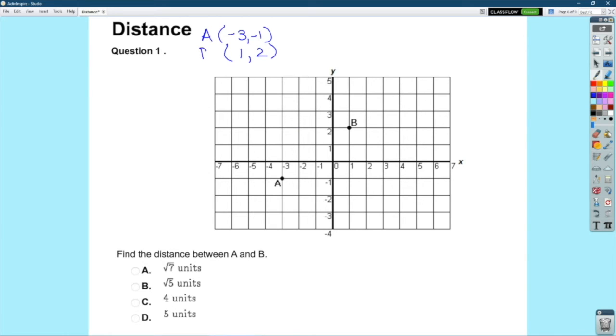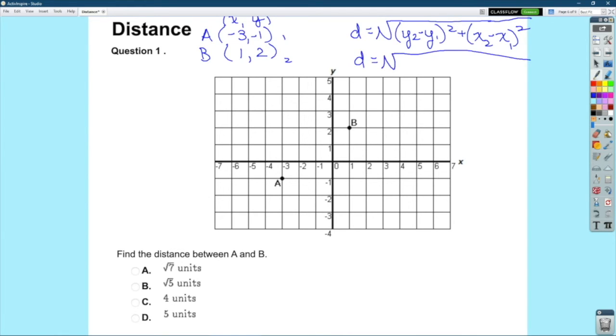If we make this x and y, and I'm going to make this my second one and this my first one, I'm going to use the distance formula, which says distance equals the square root of the second y minus the first y squared plus the second x minus the first x squared. So distance equals the square root of 2 minus -1 squared, plus 1 minus -3 squared.